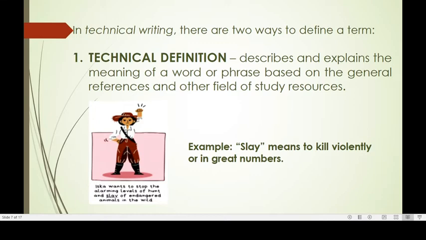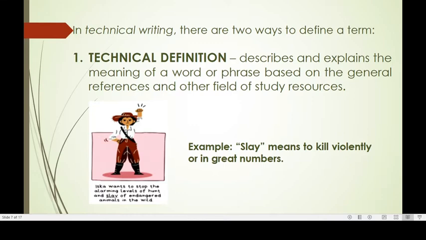That leads to our discussion and main topic for this episode. In technical writing, we have two ways of how we can define a term. The first is technical definition. Technical definition describes and explains the meaning of a word or phrase based on the general references and other field of study resources.